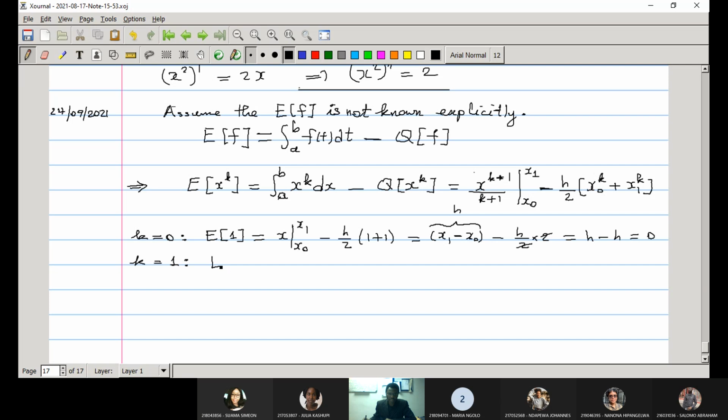So e x will be x squared by 2 from x0 to x1, minus h by 2, times x0 plus x1.